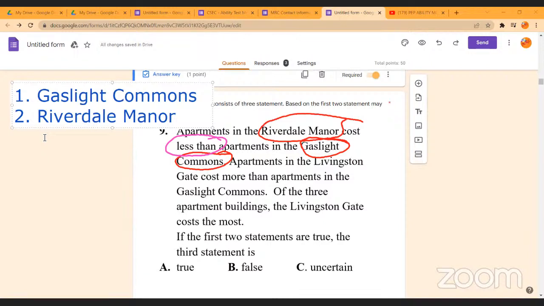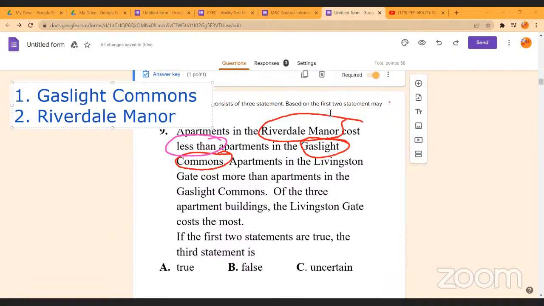So read that sentence for me again. No, you start at apartments. Apartments in the Livingston. Hold on. Livingston. So say that word again. You're gonna say living, the first part, and then you're gonna say stun.